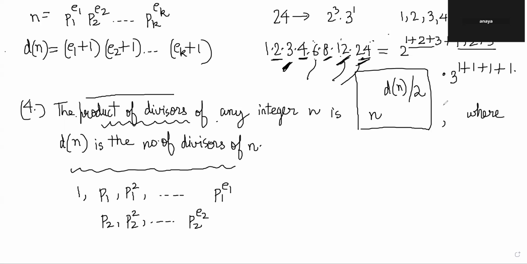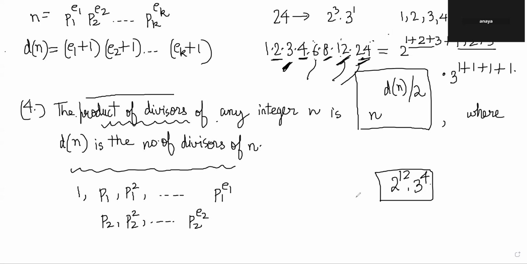So we are getting 2 power 12 into 3 power 4. That is coming as the product of divisors.